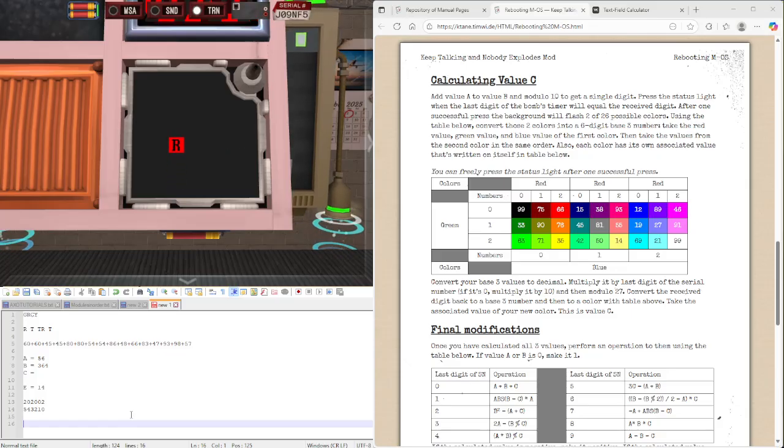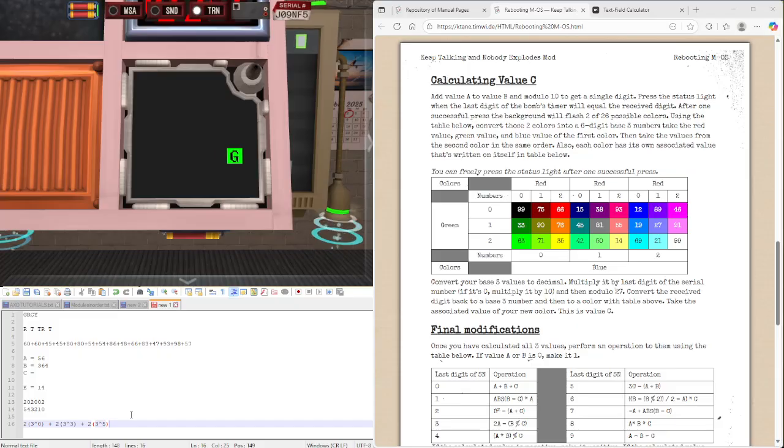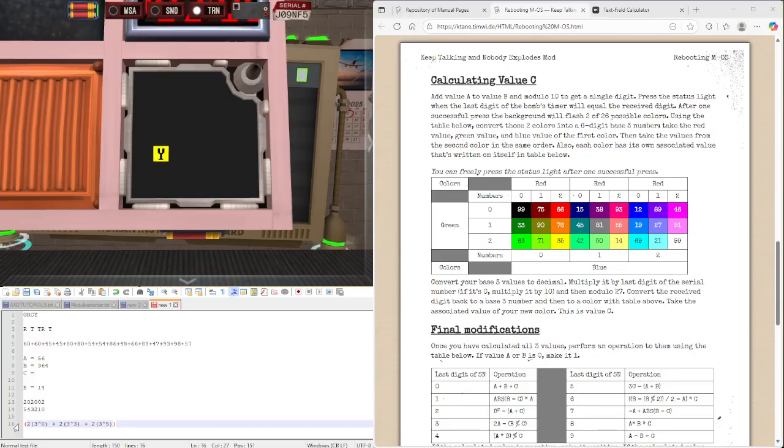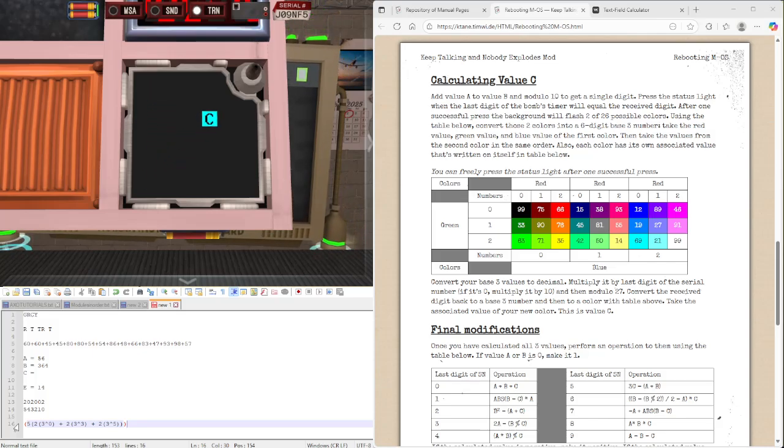that's going to be 2, 3 to the 0, plus 2, 3 to the 3, plus 2, 3 to the 5th, and it could be multiplied by the last digit of the serial number, modulo 27.